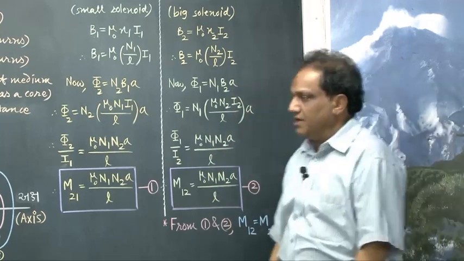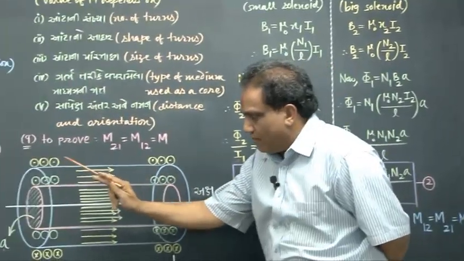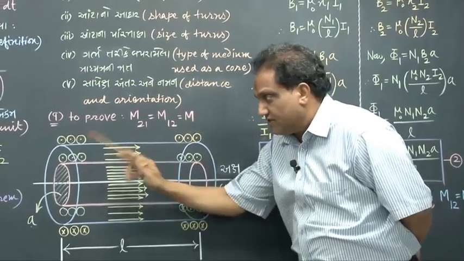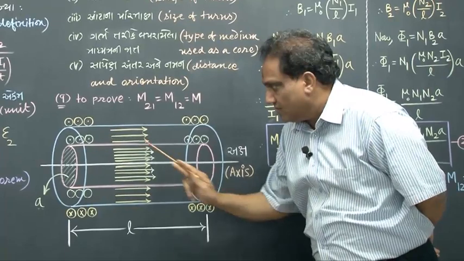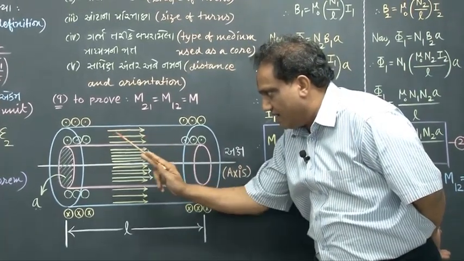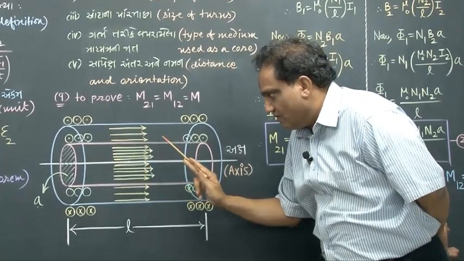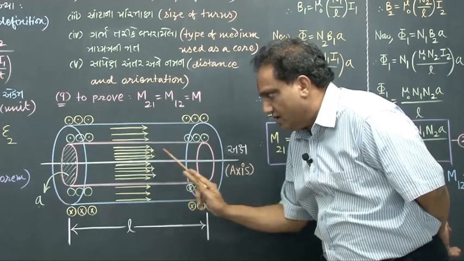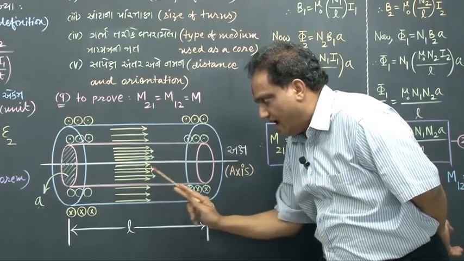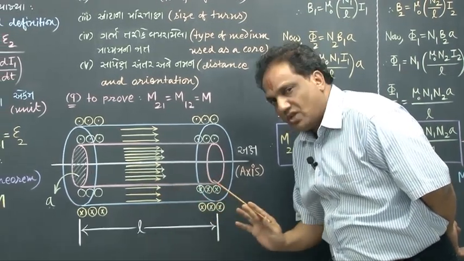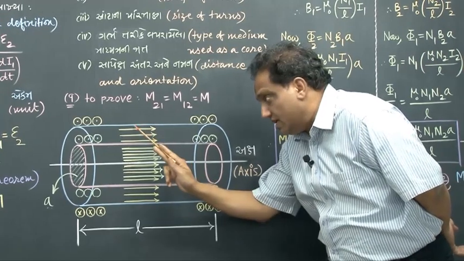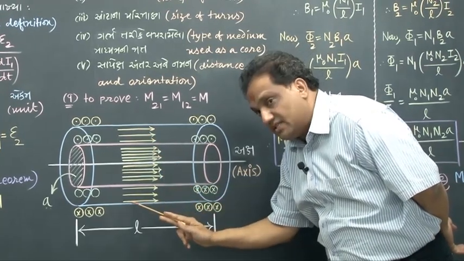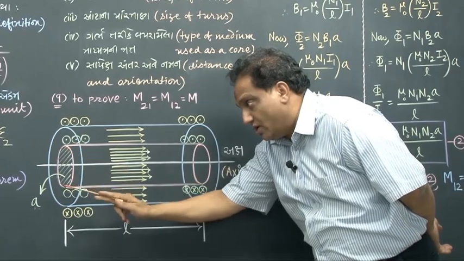Why? Tell me. When you pass current in the winding of the second or big solenoid, you can expect a magnetic field inside the big solenoid, which I have shown in the figure with yellow colored magnetic field lines. Now tell me, do all these yellow colored magnetic field lines pass through the small solenoid?